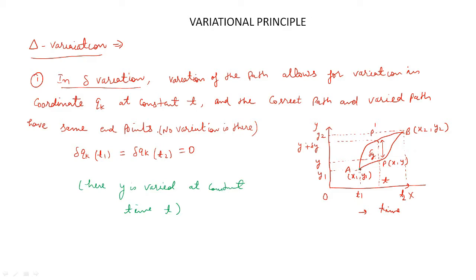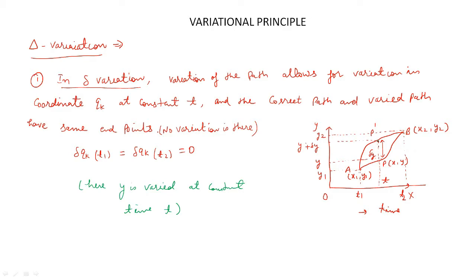And at the endpoints, we can write for the T1 and T2 time that delta Qk is equal to 0, because there is no variation at the endpoints for the two paths APB and AP'B.